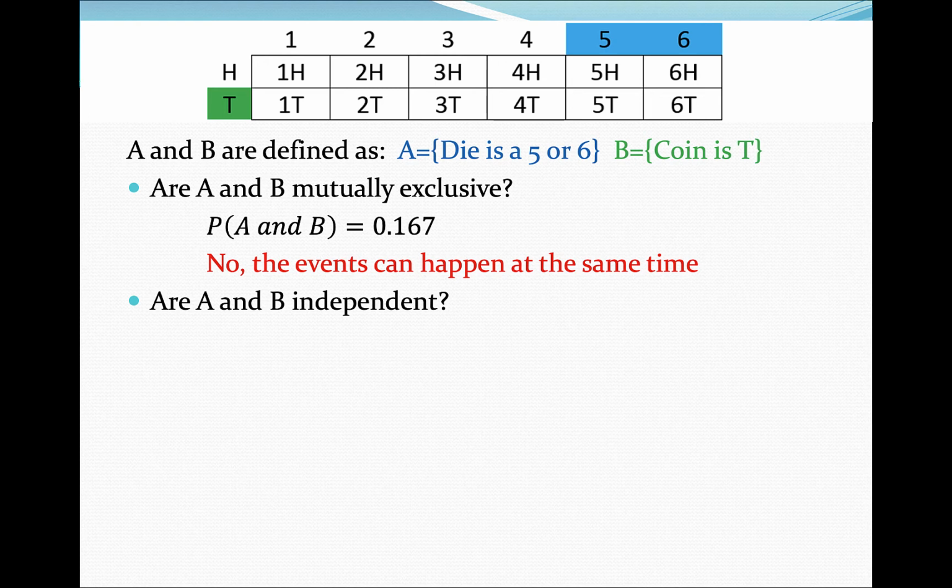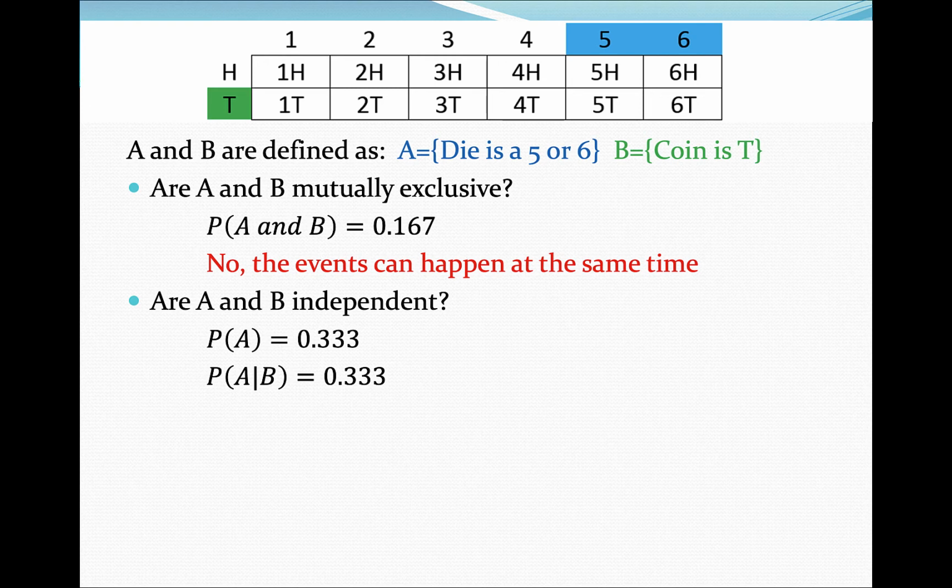But let's talk about how you check this mathematically. To check this mathematically, you need to compare two probabilities. You need to compare the probability of A to the probability of A given B. If these two probabilities are equal, then events A and B are independent. If these two are not equal, then A and B are dependent.